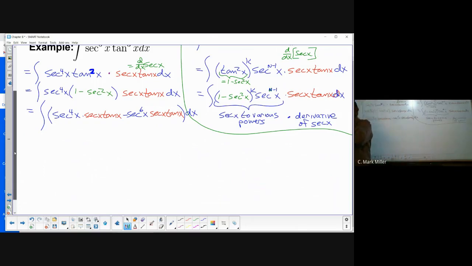That's u to a power du. What's the integral? This to the next higher power, which is 1/5 secant 5th x, divided by the new power, minus secant to the 6th goes to secant to the 7th x divided by 7, plus C.